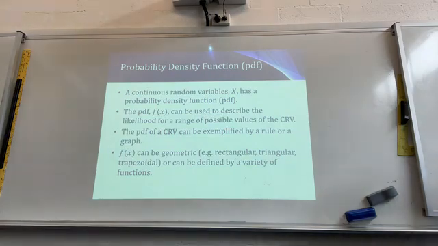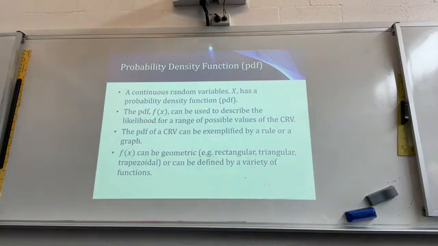Now, probability density function. A continuous random variable X has a probability density function. The probability density function, PDF, f(x), can be used to describe the likelihood for a range of possible values of the CRV. The probability density function of a CRV can be exemplified by a rule or a graph.